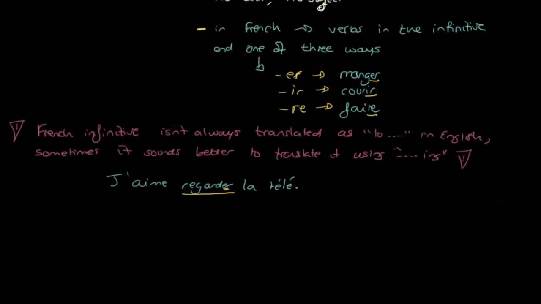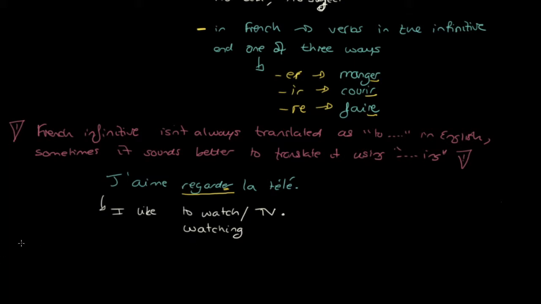And if I translate that word for word in English, it becomes "I like to watch TV." Now that's okay, isn't it? That makes sense. We could say that. But what else could we say? What might sound a little bit more natural is "I like watching TV." So although we've used the infinitive in French, in English we don't have to translate it using the infinitive. We can translate it using this ing. And that's something for us just to be aware of.